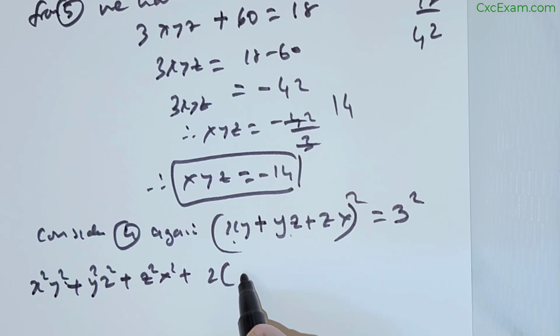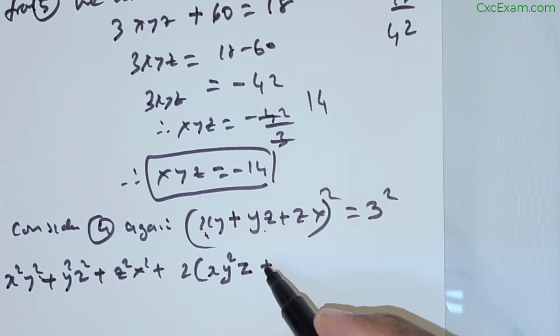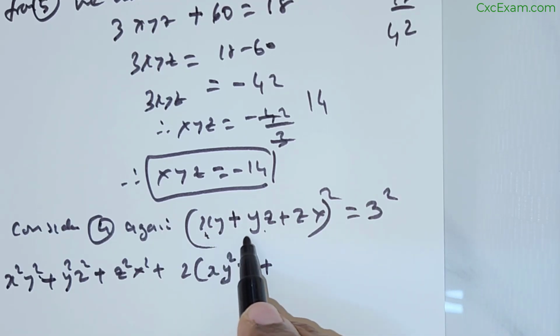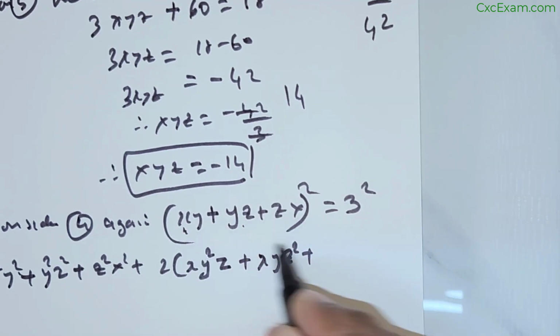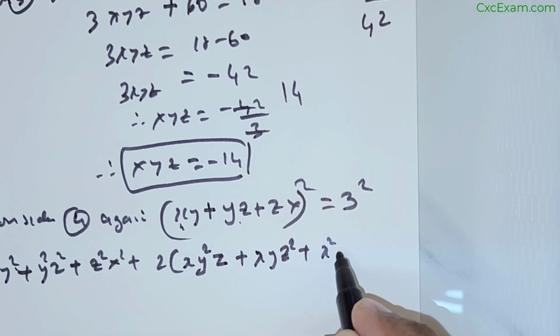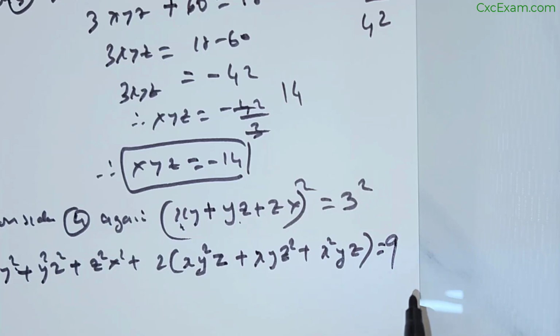You multiply these two together, you get x y squared z. And from here you multiply these two together, you get x y z squared. You multiply these two together, you get x squared y z, is equal to 9.